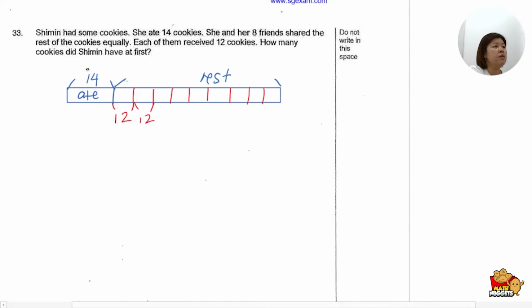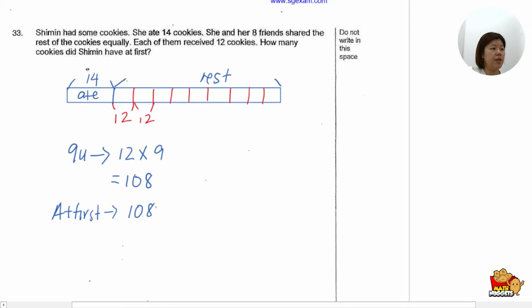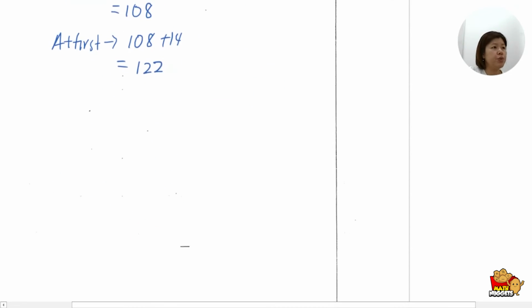So I can actually find the number of cookies she and her friends receive, which is 9 units, is 12 times 9, which will give you 108. And then she herself ate 14, so at first 108 plus 14 equals to 122.